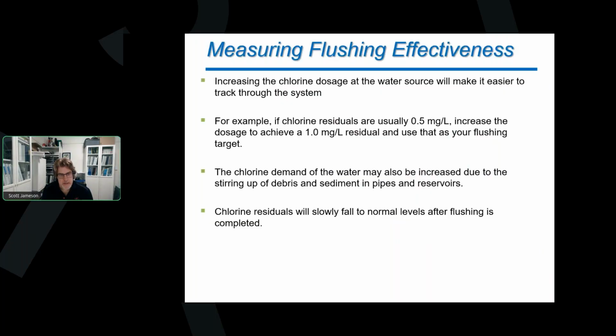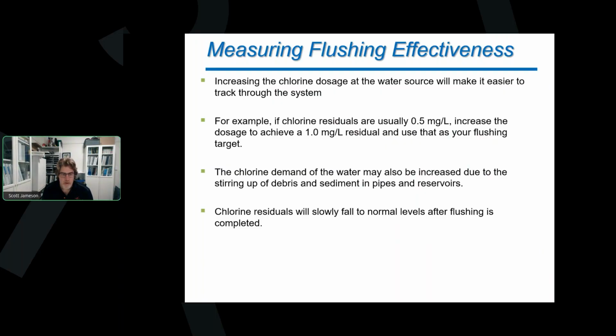The other thing is when we're doing flushing, we're going to be disturbing debris in the water mains. And when we disturb that debris, we might increase the chlorine demand. So if we've already increased the chlorine dosage, we already have that protection in place for that organic matter we might be disturbing inside of the water mains.